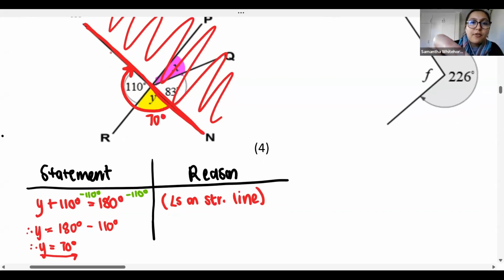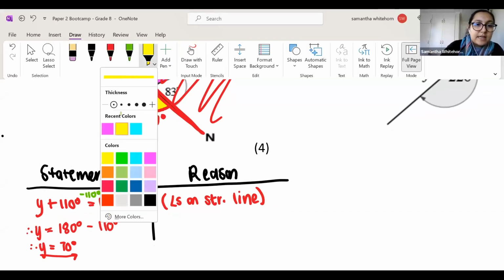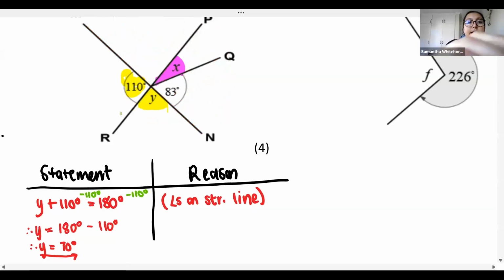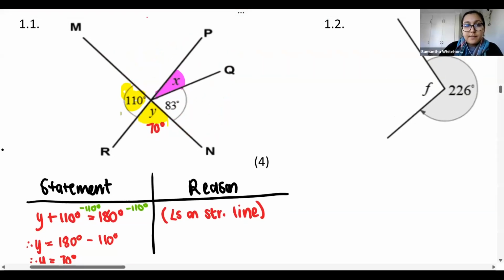Now this makes sense. If I go and work again with those angles on a straight line, and I say I've got Y and 110, 70 plus 110 is 180 degrees. So I've got angles on a straight line. So now I've worked out one of my unknown angles. Now I know what Y is. Because I now know what Y is, hopefully that's going to help me find X. So again, I look at what my diagram has given me.